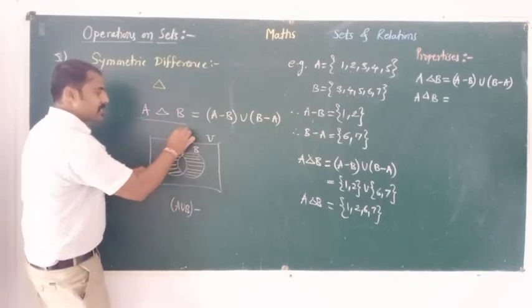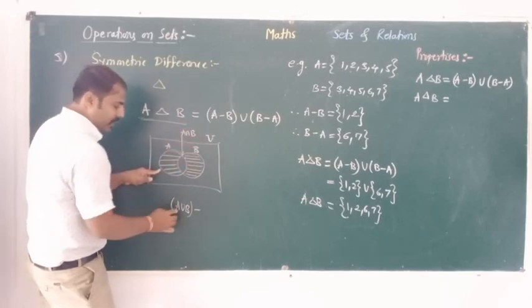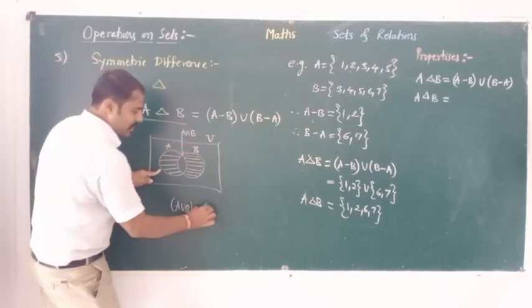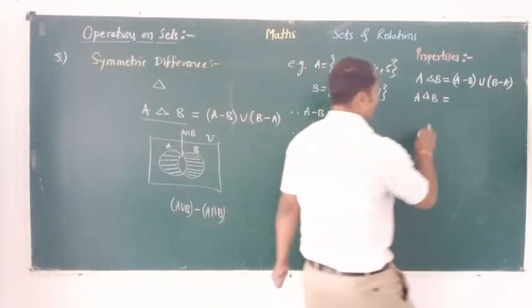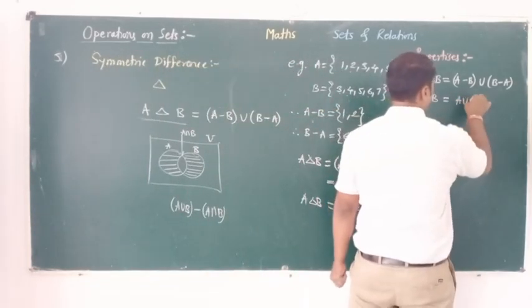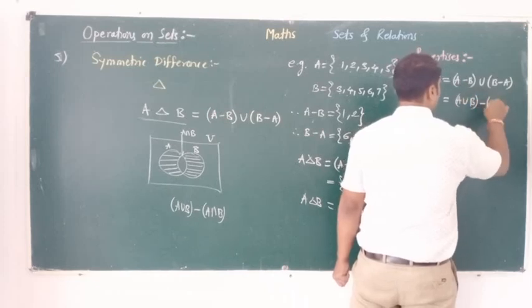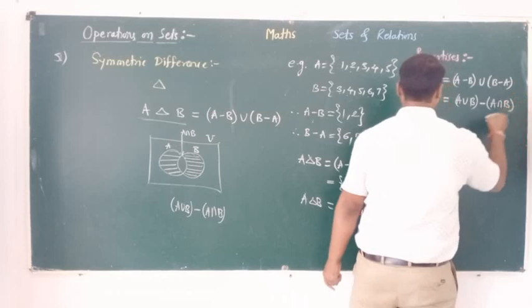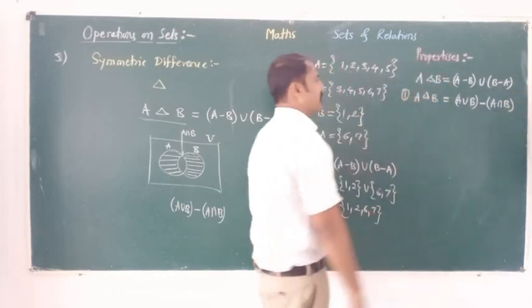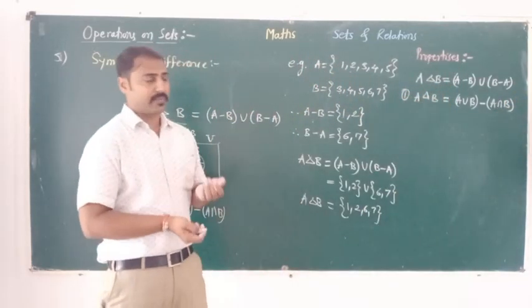These common elements, that is intersection. So I am writing A union B minus A intersection B. So A delta B is equal to A union B minus A intersection B. It's our first property for symmetric difference.